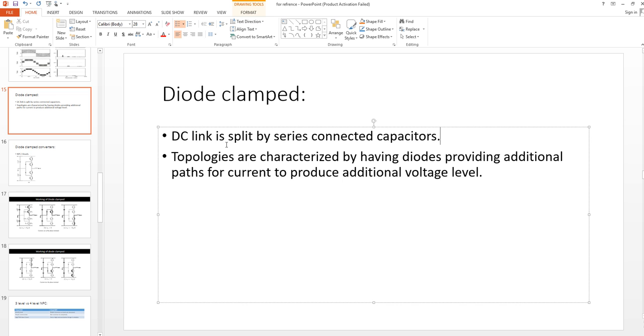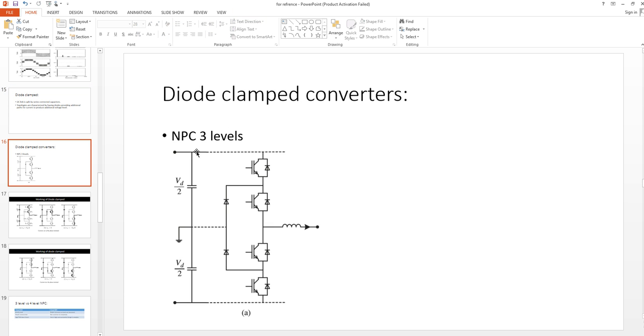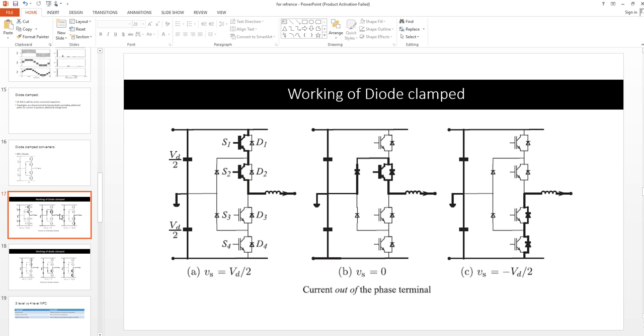In this topology, diodes provide additional paths for current to produce additional voltage levels. Since it has diodes that provide additional paths to produce additional levels, it is called a diode clamped converter. This is a typical diagram of a diode clamped converter.